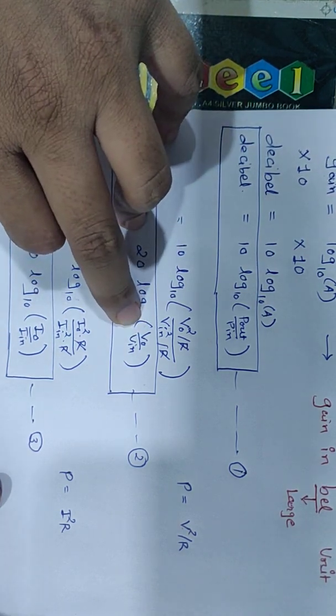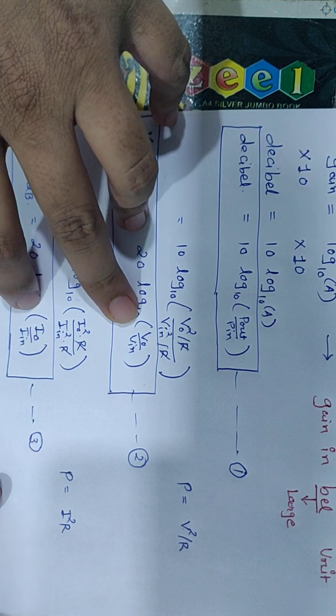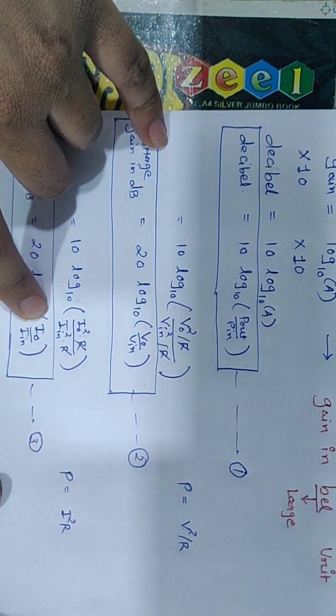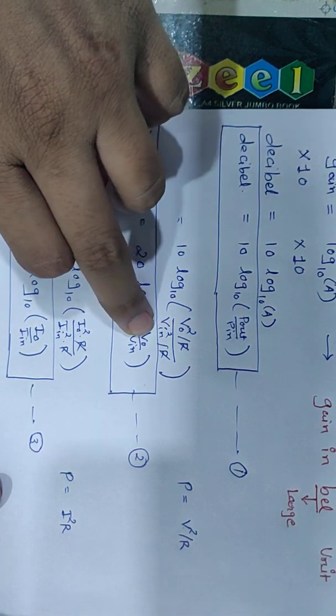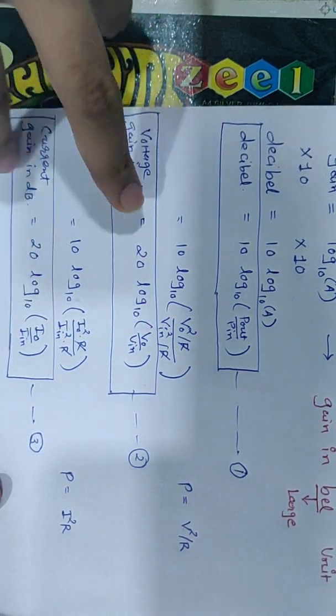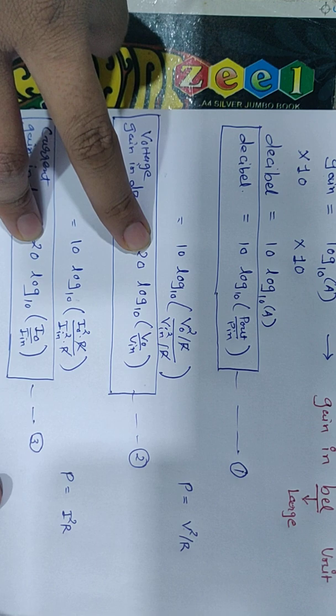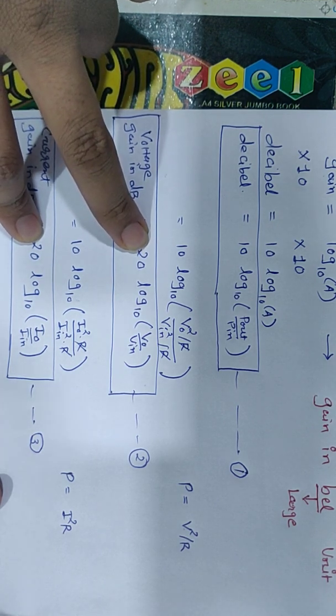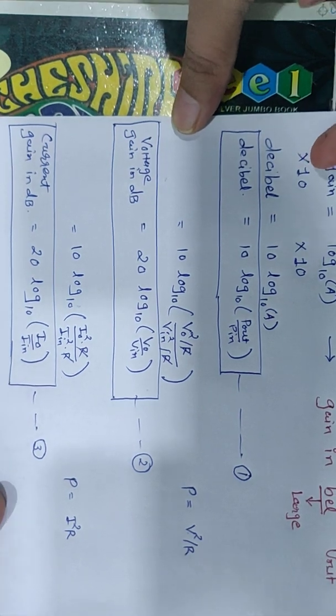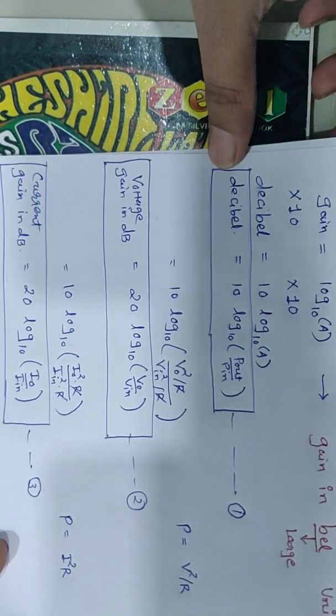If the voltage, then V out by V in. If the current, then I out by I in. It is the voltage gain or the current gain, but the multiplier here to the log is 20, not 10. Okay, so now these are the three equations.